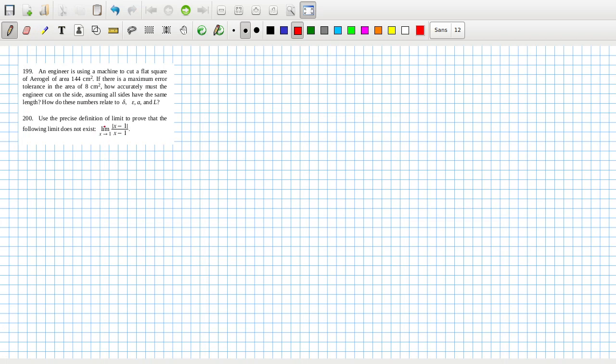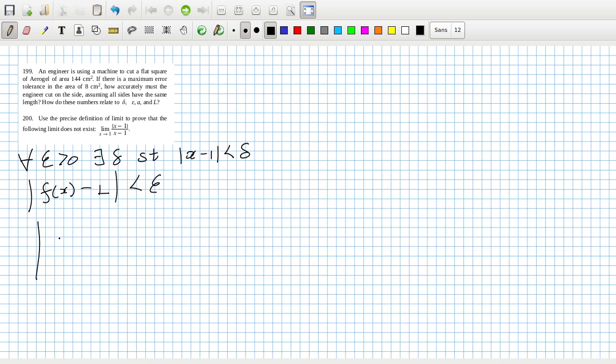Use a precise definition of limit to prove that the following limit does not exist. Let's test it out. So apparently, for all epsilon greater than 0, there exists a delta such that f of x minus L should be less than epsilon, as long as x minus 1 is less than delta.